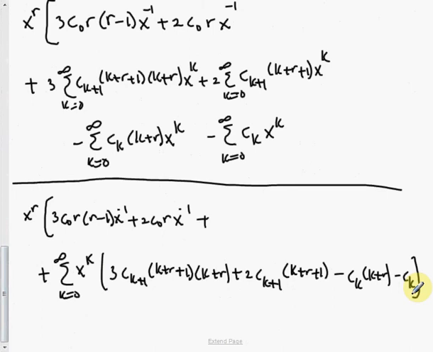So here we were able to write all the summations as one summation.